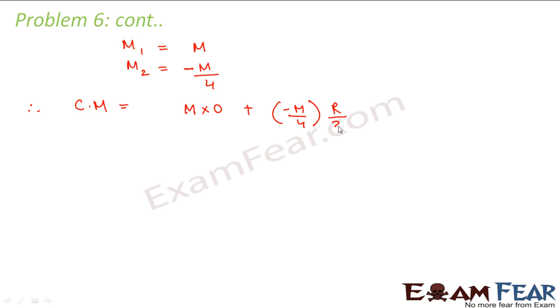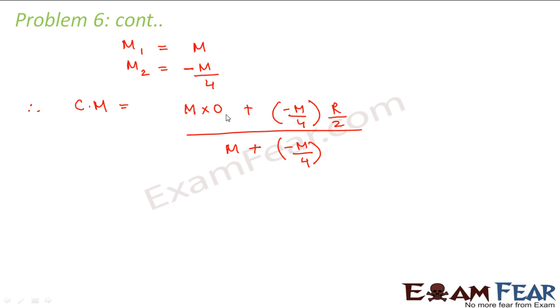M1 will be equal to M, and if M1 is equal to M, M2 will be M by 4, but this will be negative because the mass has been reduced. So we will put M2 as negative. Therefore, the center of mass will be equal to M1 R1 plus M2 R2 divided by M1 plus M2.